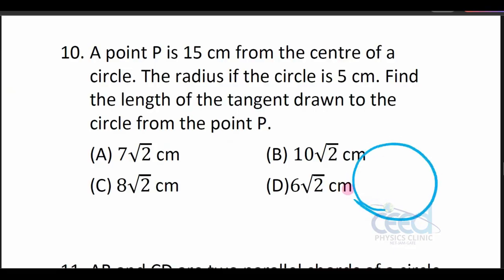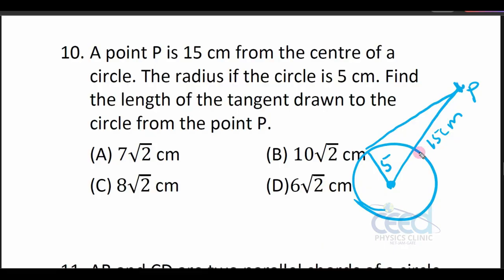Now a point P, the radius they have given is 5 centimeter. From this P I need to draw a tangent. What is the length of this tangent?